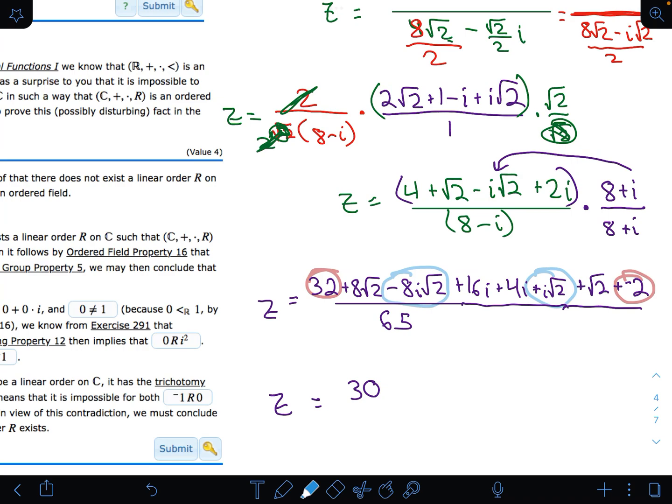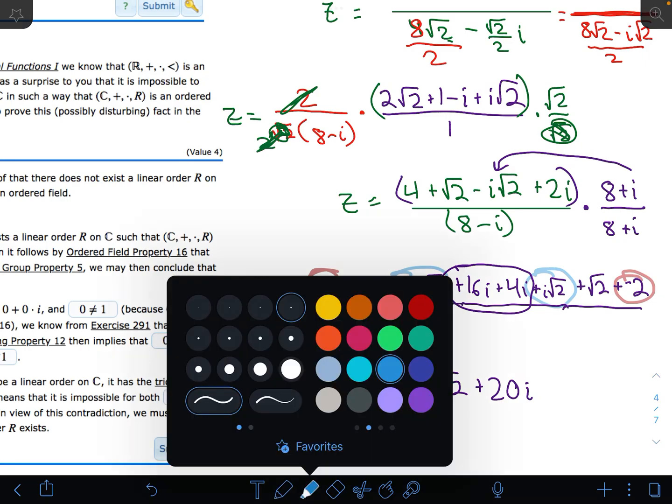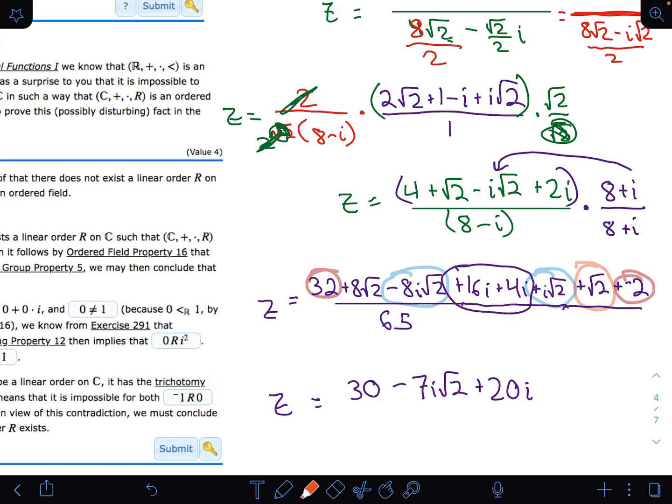When I combine those like terms, I'll have a minus 7i root 2. Looking pretty good. I have 16i plus 4i, that's 20i for sure. And finally, I have one more highlighter pen here. Root 2, 8 root 2. That's going to add up to 9 root 2, like so.